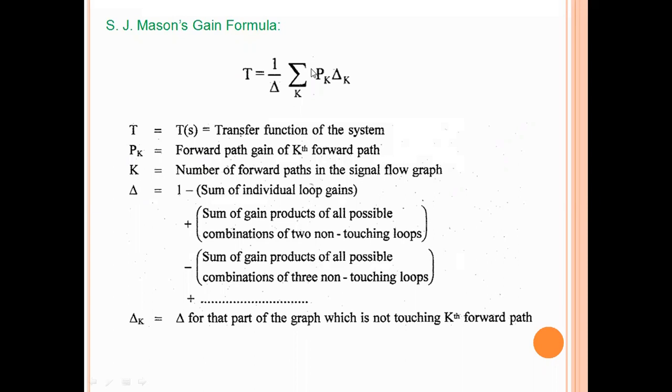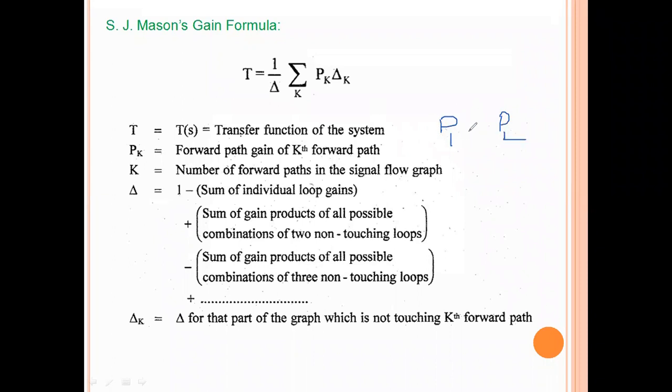So k is the number of forward paths, and Pk is the forward path gain of the kth forward path. That means if we have two forward paths in our SFG, the k value will be 2, and we will have P1 and P2.